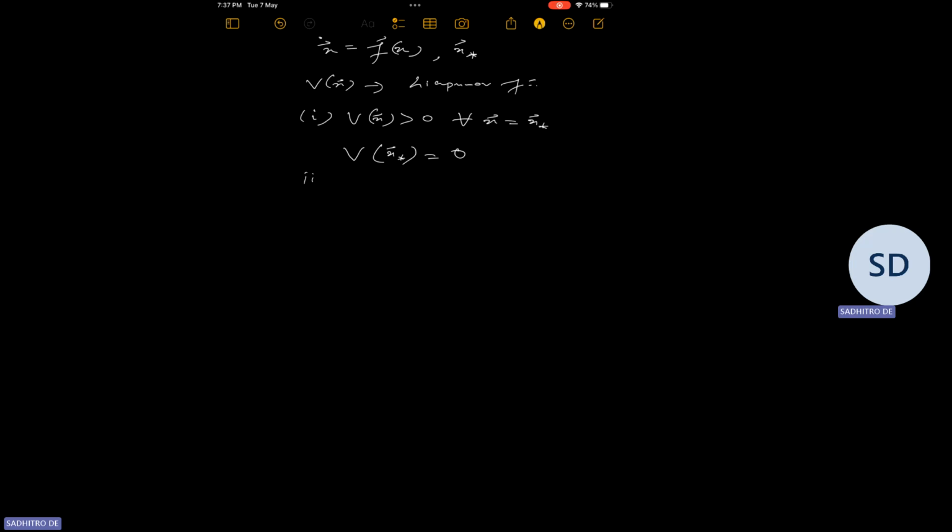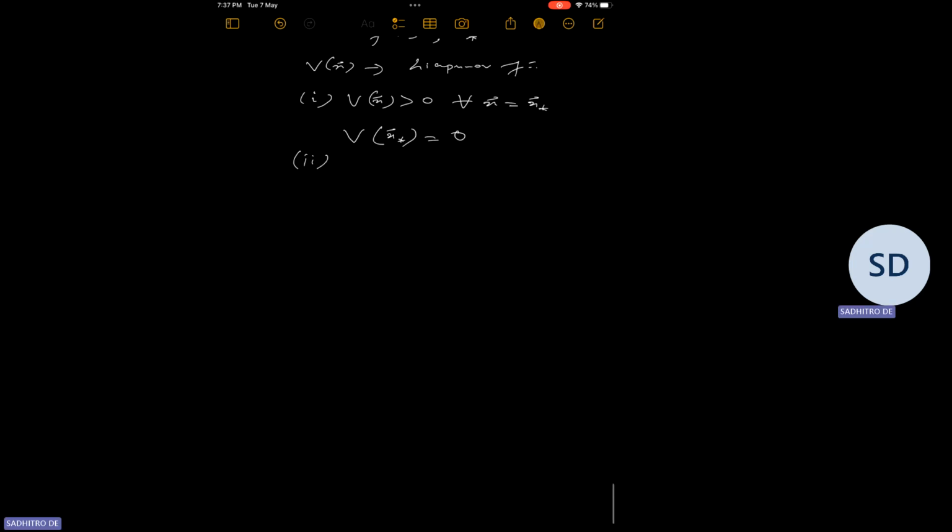And the second criterion is that dv dt should be less than 0 for all x not equal to x star. In other words, this will actually be the gradient of v, not dv dt.